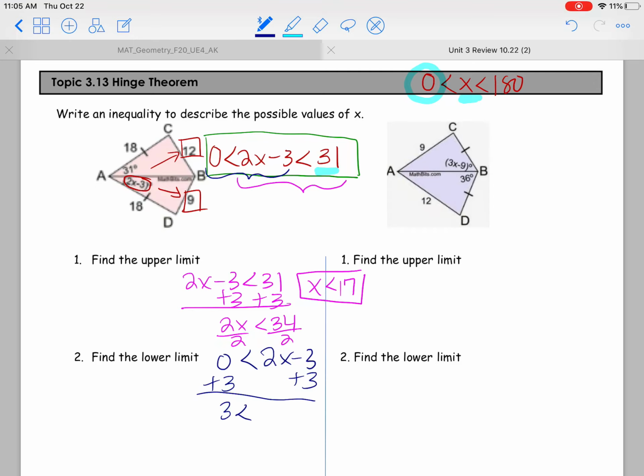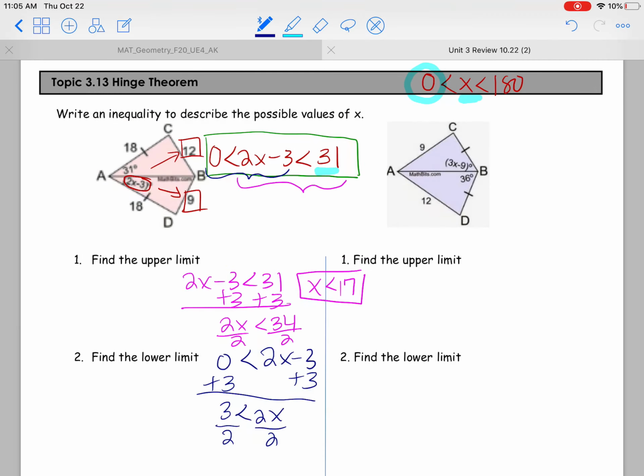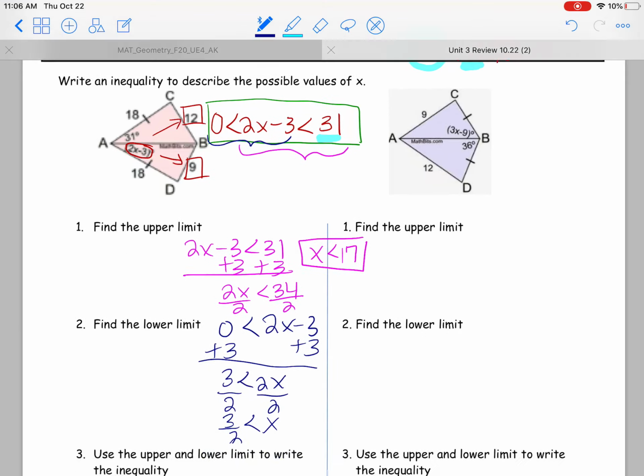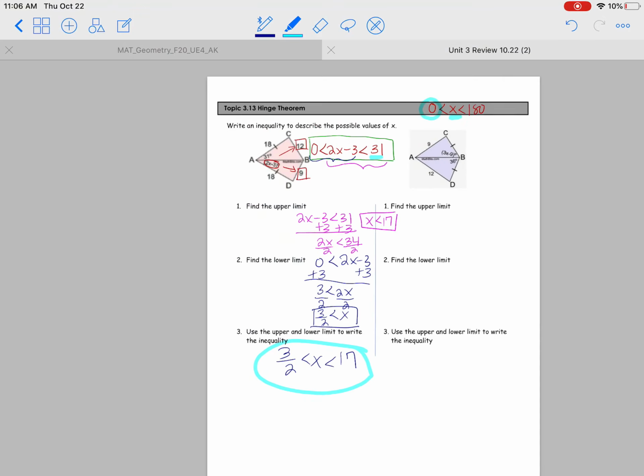So 2x has to be greater than 3, and divide by 2. So here x has to be greater than 3/2. So that's how you're going to be finding your final range for the possible values of x. We said the lower limit is 3/2 and the upper limit is 17. And that's how you get that.